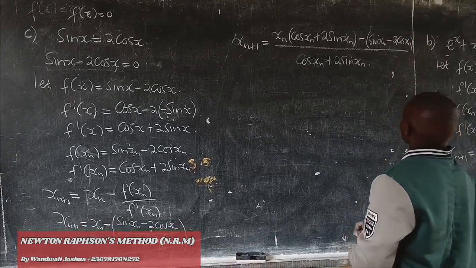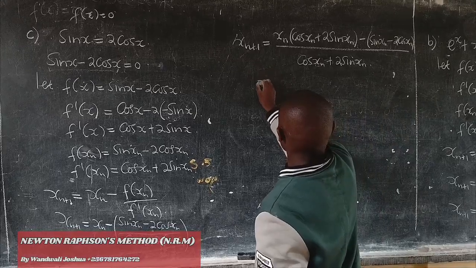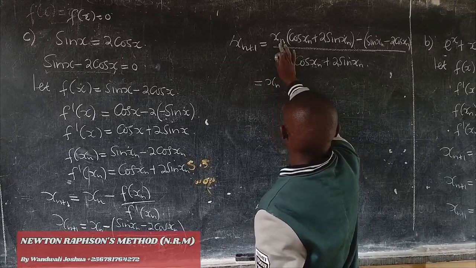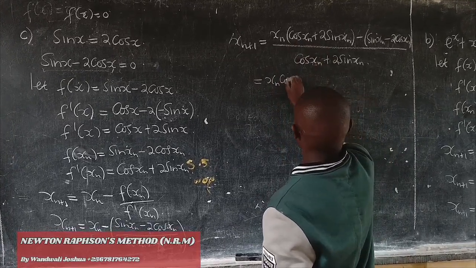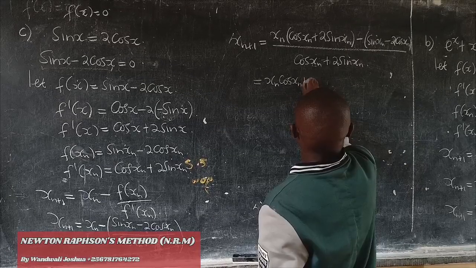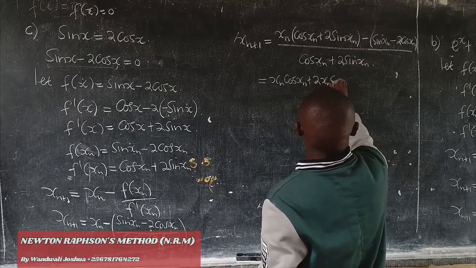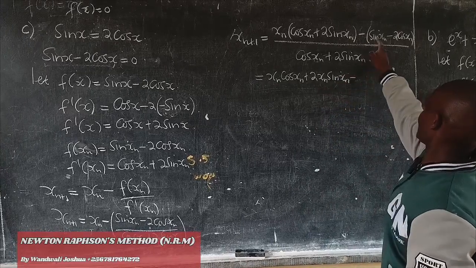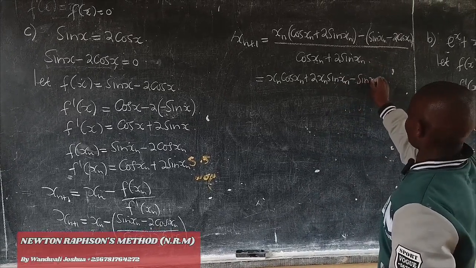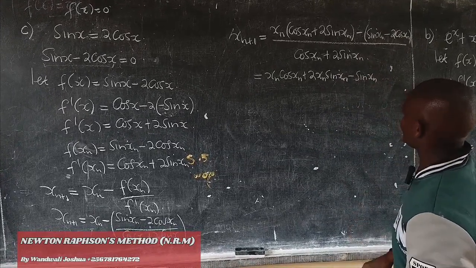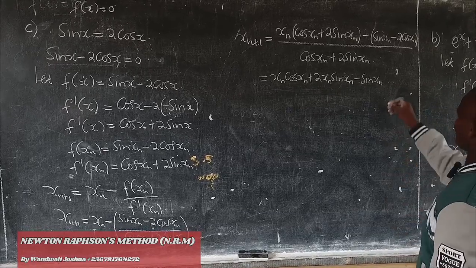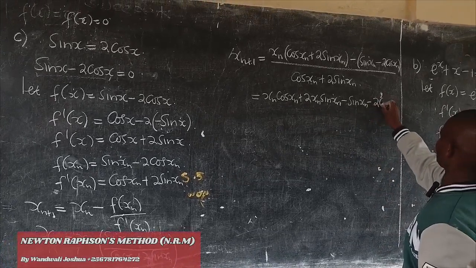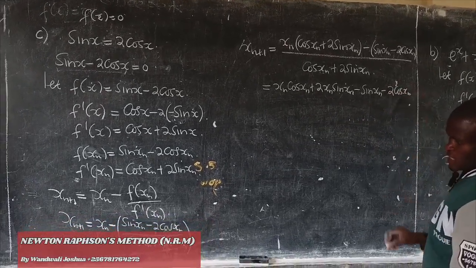Let us try to simplify. This xn distributes, so that will be xn cos of xn plus 2xn sine of xn minus sine of xn, then minus 2 cos of xn.